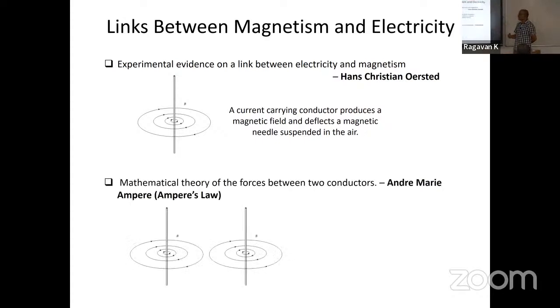The next set of experiments and observations were related to two parallel current carrying conductors. They found that when brought close to each other, they repel if the currents have the same polarity, and if the currents have opposite polarity, they attract each other. Ampere was also the person who proposed the first mathematics that gave some structure to forces due to magnetic fields.